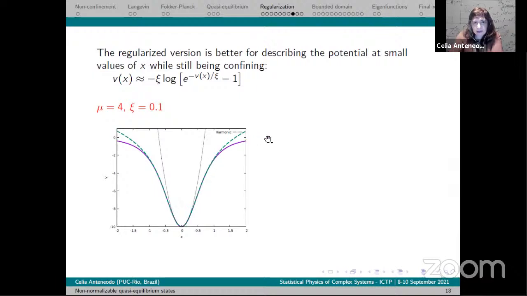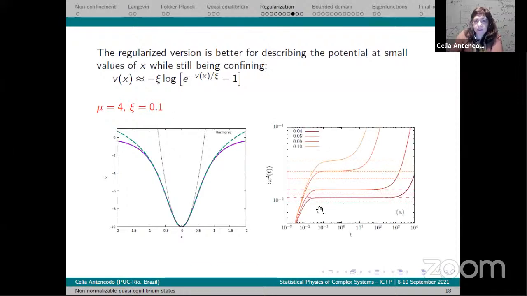The solid line is the true potential, and this dashed line is the approximation that we are doing, in comparison here with the harmonic approximation. So you see that in the central part, it works well as an approximation, even in a case that is rather a limit, in the sense that this is expected to work better for lower relative temperatures.